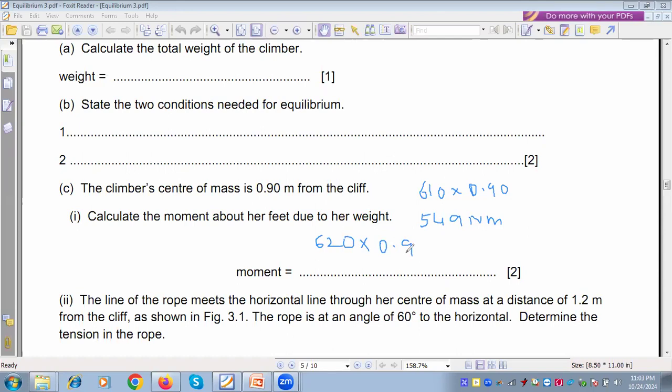It will be 558 Newton meter. This is the moment of the weight. The line of the rope meets the horizontal line through her center of mass at a distance of 1.2 meter from the cliff, as shown in figure. Let us go and have a look at the figure once again.